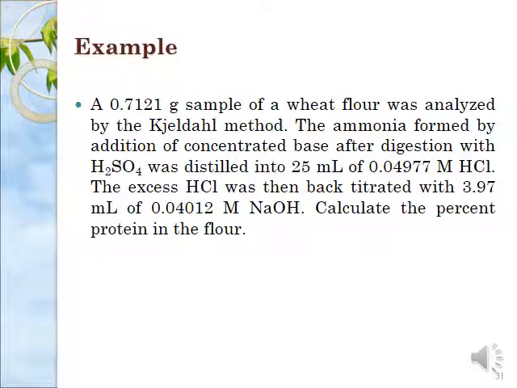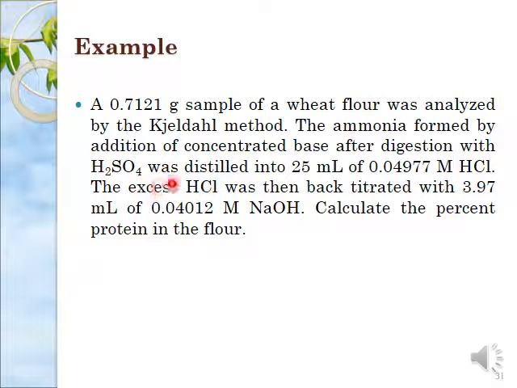Now, an example of calculation. So we have wheat flour. So we know this group belongs to which category just now. This amount is analyzed using the Kjeldahl method. The ammonia formed by addition of concentrated base after digestion with sulfuric acid is distilled into 25 ml of 0.04977 molar hydrochloric acid.